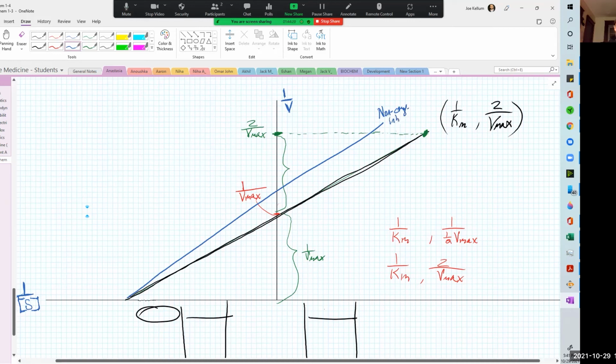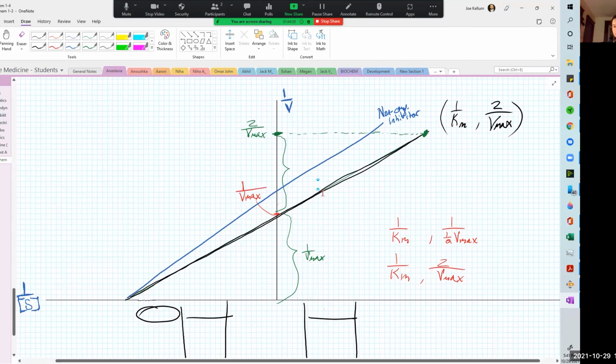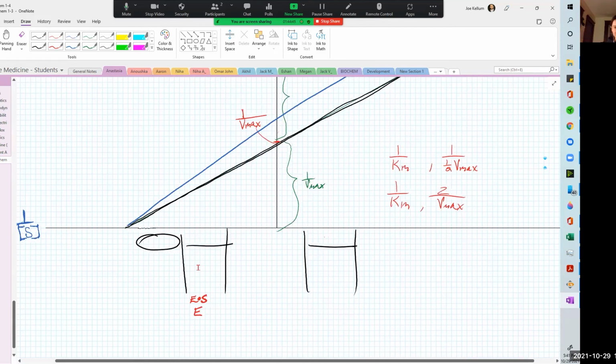I always forget that the y-intercept goes up because it's reciprocal. I always assume it's going to be below, and that's where I get it wrong. Just know that this black line, the non-inhibited one, has the lowest y-intercept on this graph.